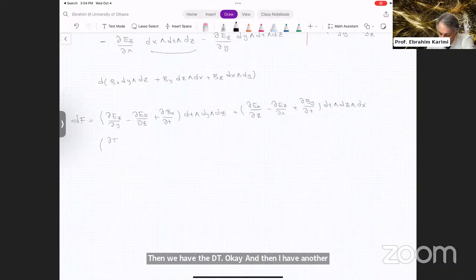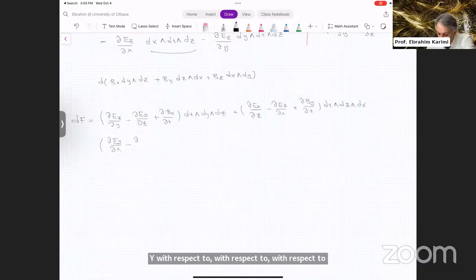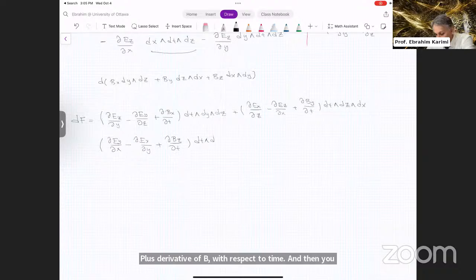So I have the derivative of E_y with respect to x minus the derivative of E_x with respect to y, plus the derivative of B_z with respect to time. And then you have dt, dx, dy.